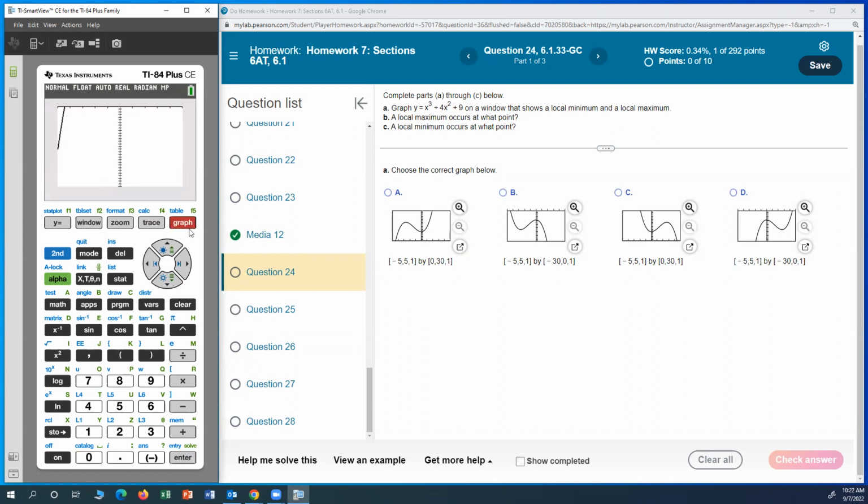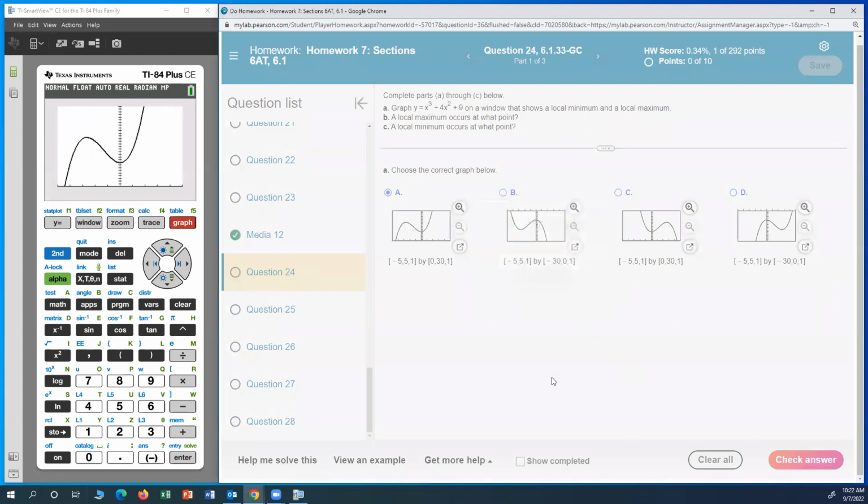Yeah, that does not match up at all when I look at the graph on my calculator versus graph D. So I'm going to go back to the window from graph A, y min of 0, y max of 30, scale of 1. And I know that that's going to be the right graph. I can see a maximum and I can see a minimum on that graph.